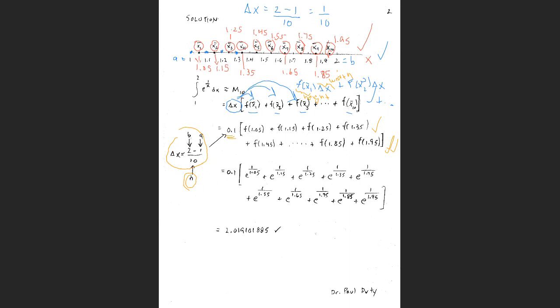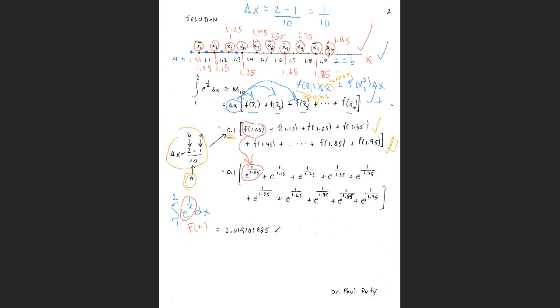Okay, well, now let's remember what our integral was. Our integral was from 1 to 2 of e to the 1 over x power dx. So e to the 1 over x power is your function value. When I say f of 1.05, that would equal e to the power of 1 over 1.05.